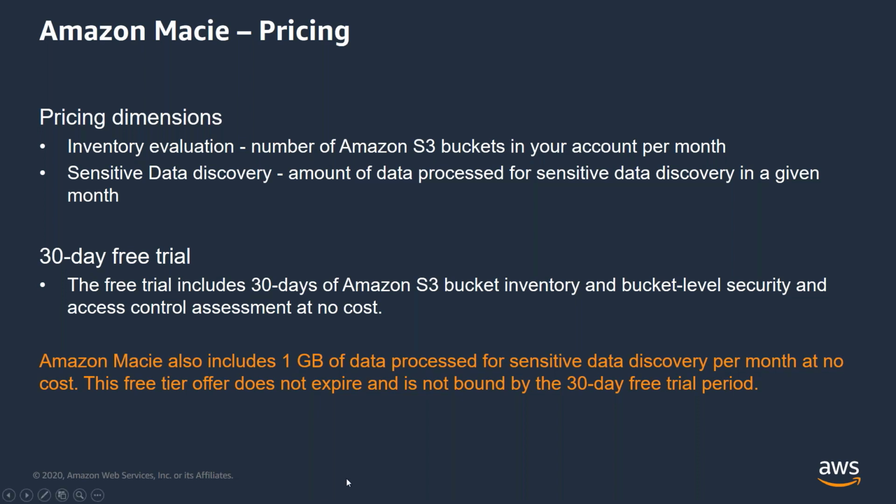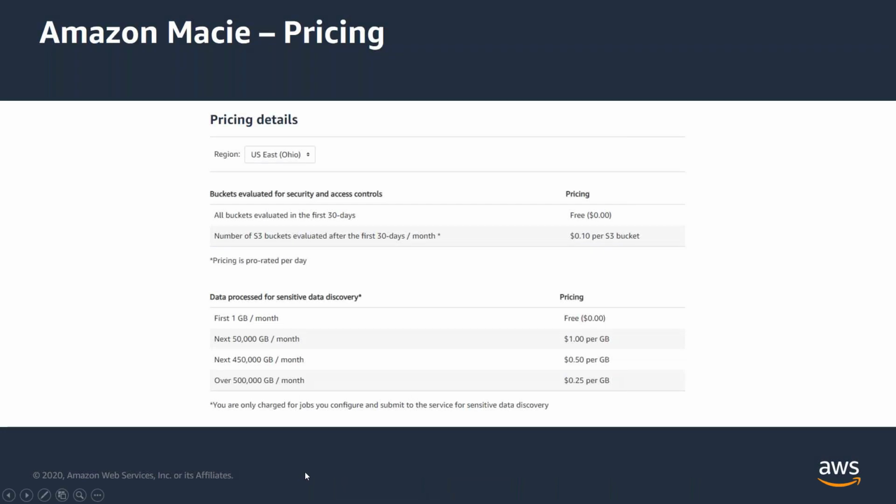If we look into some of the cost elements, here's an example that is also available on our public website for Amazon Macie and on the pricing page, reflected in the US region. The first dimension, inventory evaluation, is available free of charge for the free trial.